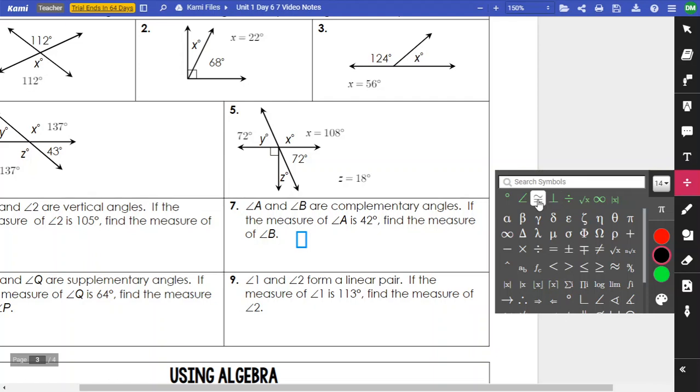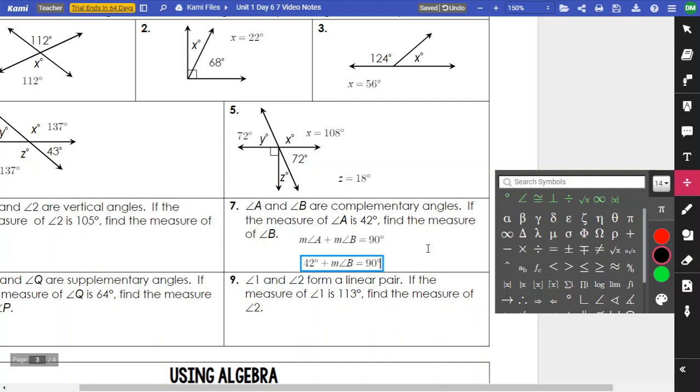So we can say that angle A plus angle B is equal to 90 degrees. And since we have angle A, we can say that 42 degrees plus angle B, technically the measure of angle B. And up here, if I want to be more accurate, which we should always strive to be, that would be the measure of angle A plus the measure of angle B. But either way, it is 90 degrees still.